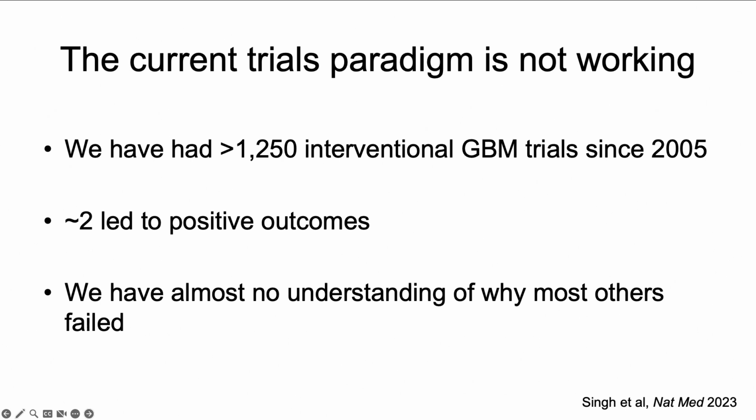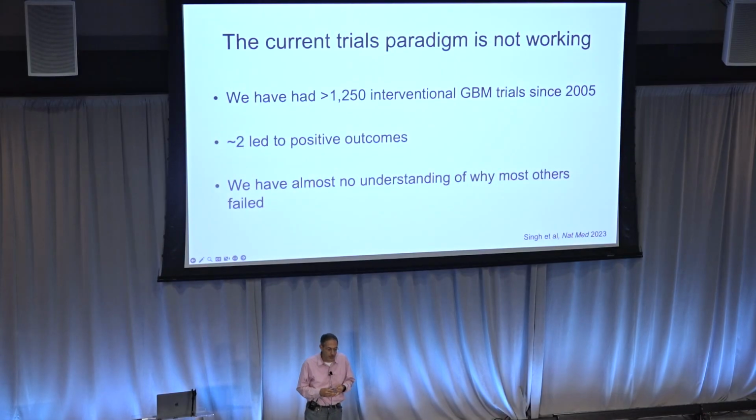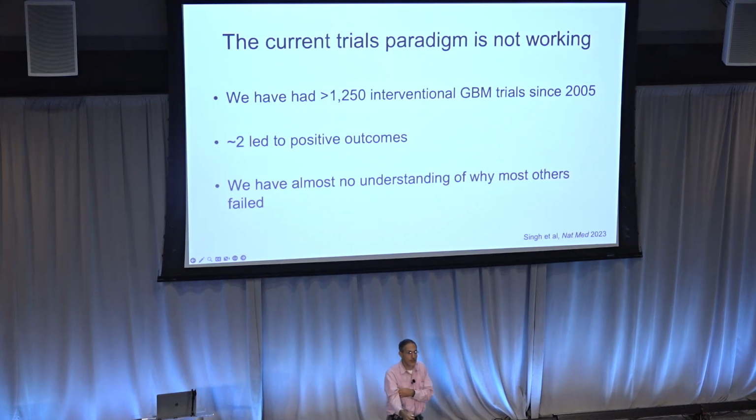And I count that about 2 led to positive outcomes, right? And Paul may disagree with me there, but bevacizumab was approved and Tumor Treating Fields was approved. Tumor Treating Fields being very controversial. So the vast majority of these clinical trials failed. And we don't know why in the vast majority of cases.